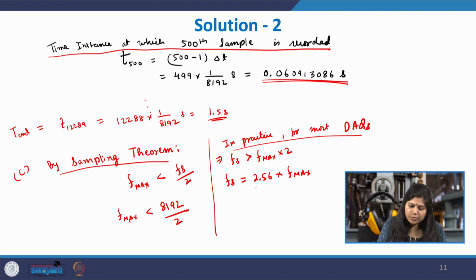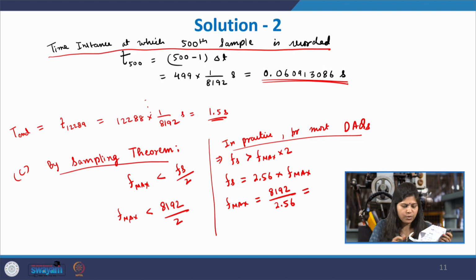If you use this setting, the F max should come out to be Fs, which is 8192 by 2.56. If you solve this, what you should get is 3200 hertz.